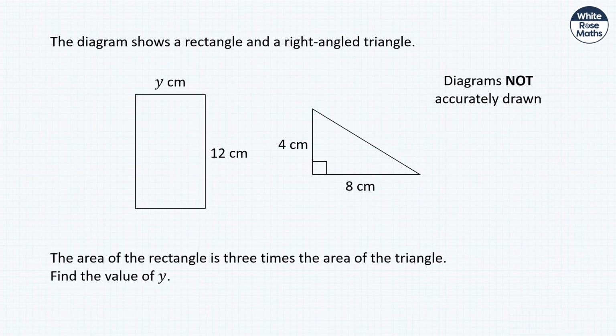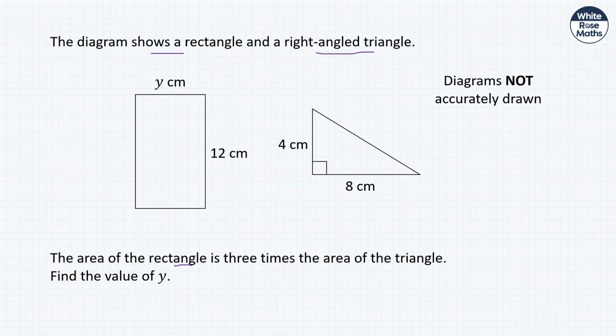It's a bit more tricky now, guys. The diagram shows a rectangle and a right angle triangle. The area of the rectangle is 3 times the area of the triangle. So whatever the area of the triangle is, the rectangle is 3 lots of that. Bear that in mind.